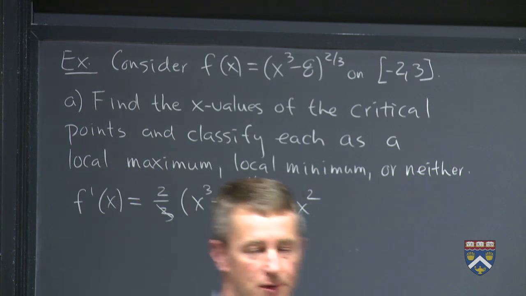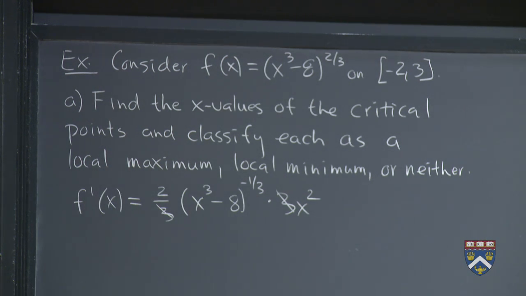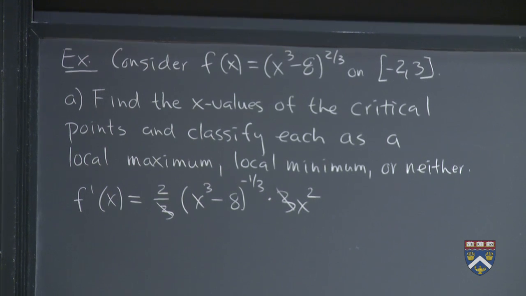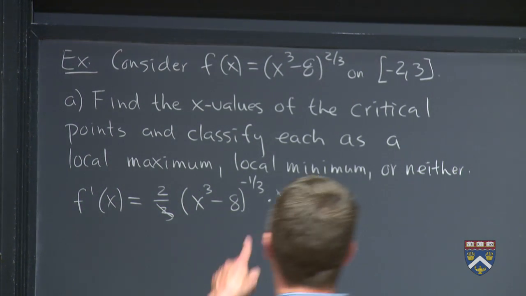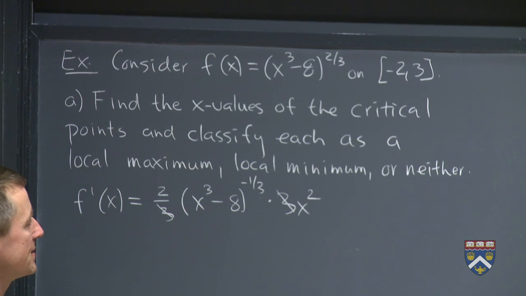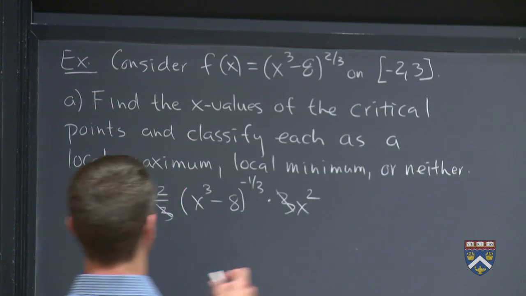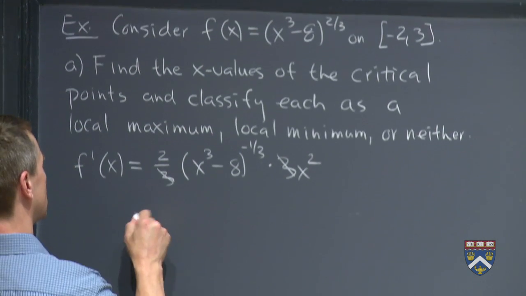And we're supposed to find the critical points, which is where the derivative is 0 or undefined. Is this derivative ever undefined? Think carefully. We've got a negative exponent, which should make us concerned, or at least curious.